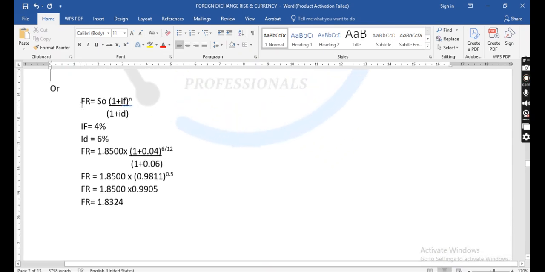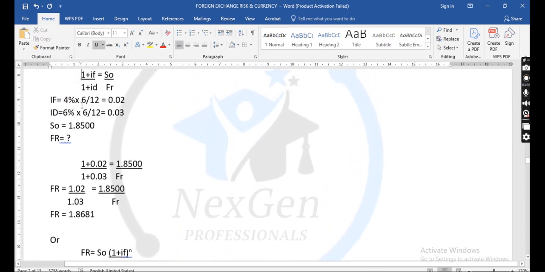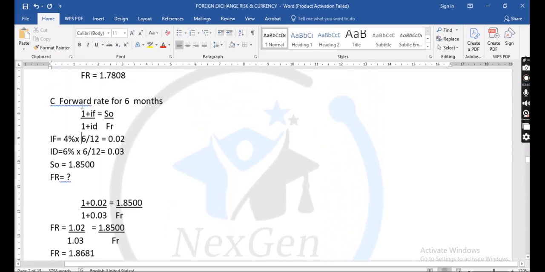When you are to look for 4 years forward rates, raise it to the power year 1, year 2, year 3, year 4. There are also some other methods. But if it is for 6 months, we just maintain the usual formula of 1 plus IF divided by ID equal to spot rate divided by so. Do you understand? So we can still maintain this when it is for 6 months.